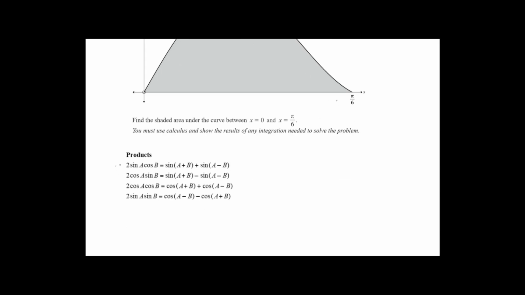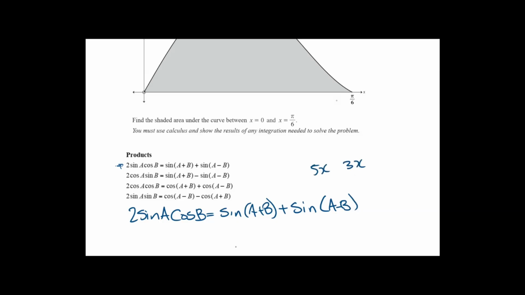We can use this one here. 2 sine A cos B is sine of A plus B plus sine of A minus B. So A is going to be 5x, B is going to be 3x.